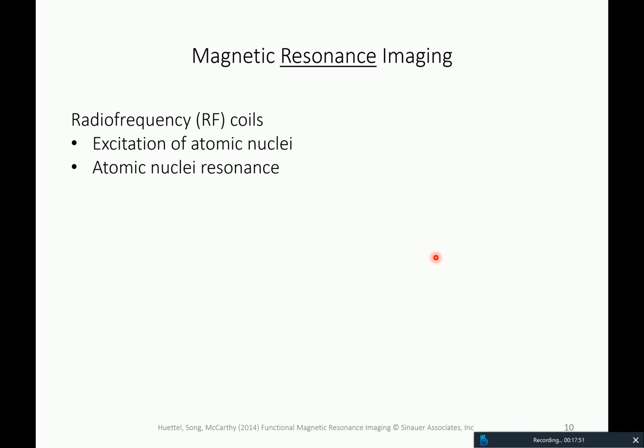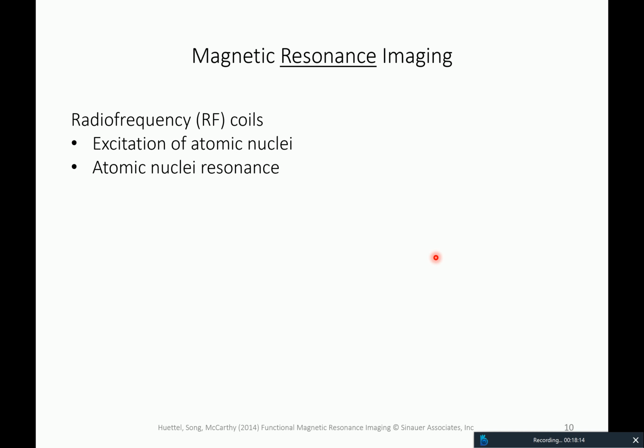Then, based on some excitation of atomic nuclei, which we'll look at in more detail later, these atomic nuclei also emit electromagnetic power, and this is again picked up by the radio frequency coils acting as antennas.